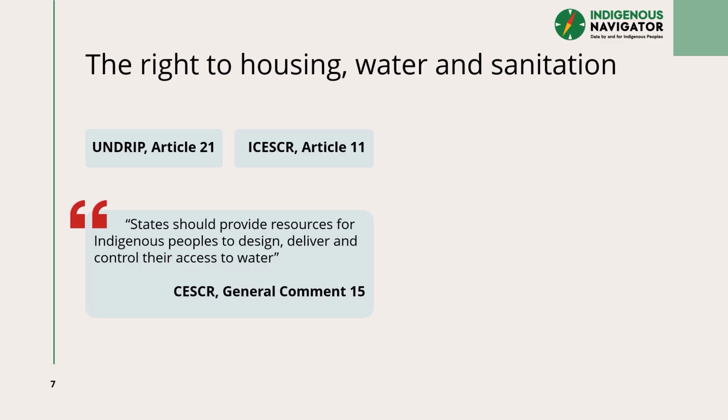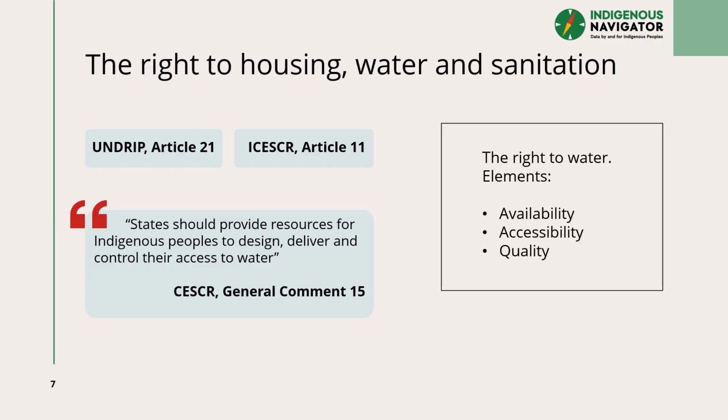CESCR's General Comment number 15 on the right to water has clarified that Indigenous peoples' access to water resources on their ancestral lands must be protected from encroachment and unlawful pollution, and that states should provide resources for Indigenous peoples to design, deliver, and control their access to water.